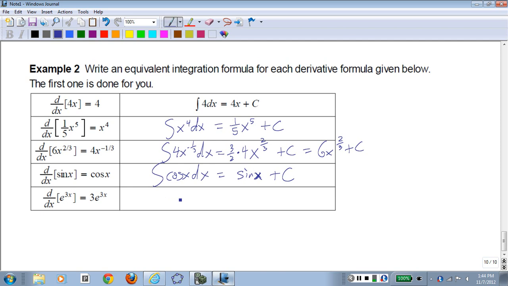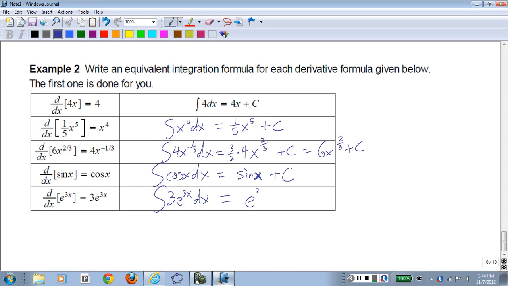And I hope we're starting to feel good about derivatives of e to the power of some function of x, e to the 3x in this case. If we take the derivative of e to the 3x, we get 3e to the 3x. So if we're looking for an antiderivative of 3e to the 3x dx, officially we'll use a process called integration by substitution to do this sort of thing.